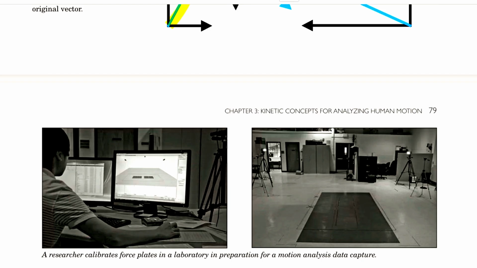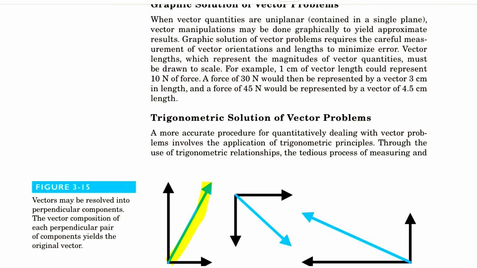This concept is not used much in biomechanics; it is used by researchers more than by biomechanists, but it is very important to understand. You might become a future biomechanist or a researcher, so you need to understand these basic concepts well.